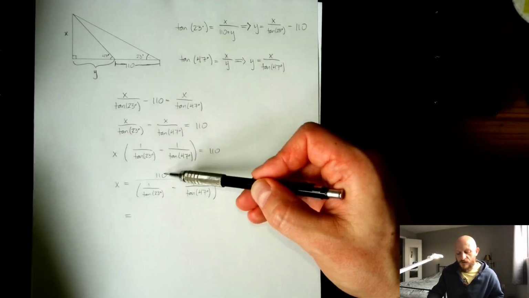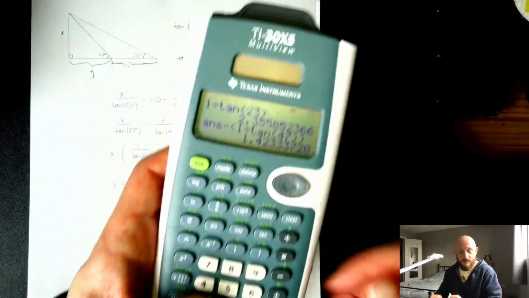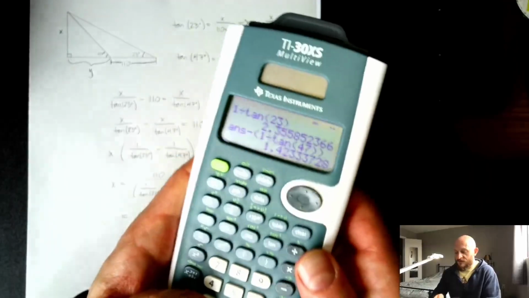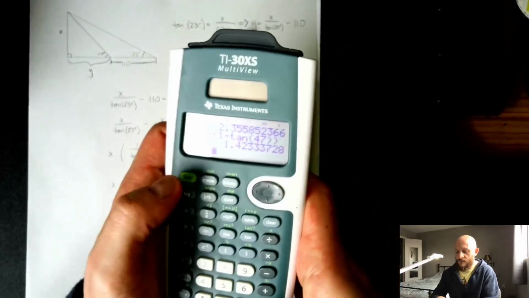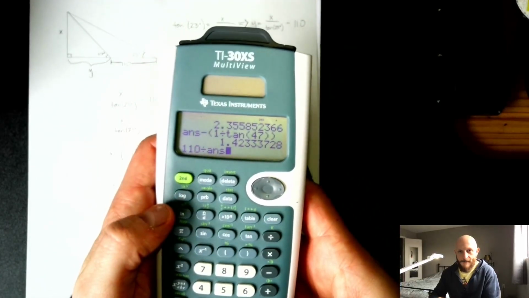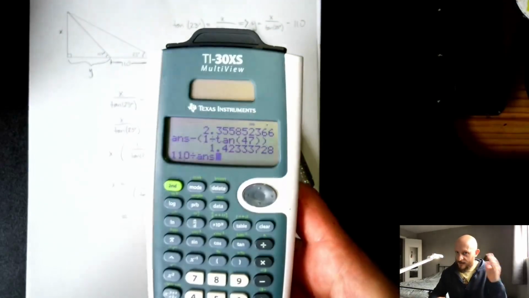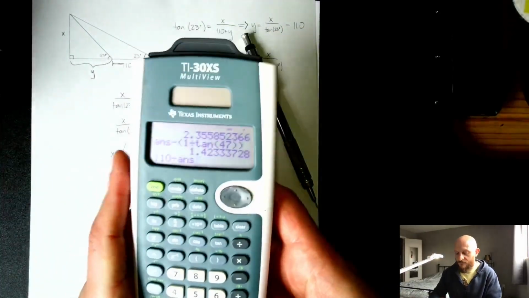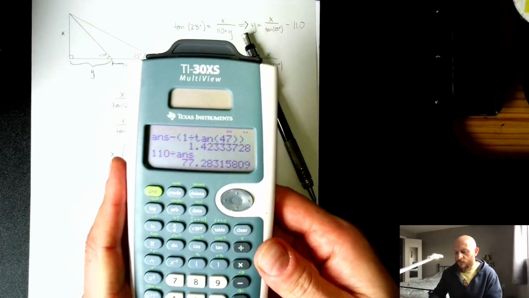So I need to do 110 divided by that. And again, rather than like rounding this, I'm literally just going to do 110 divided by this second answer. And my calculator can just do all of the rounding, carry this, whatever this number is, however many digits it wants to. And it gives me 77 point all of this.